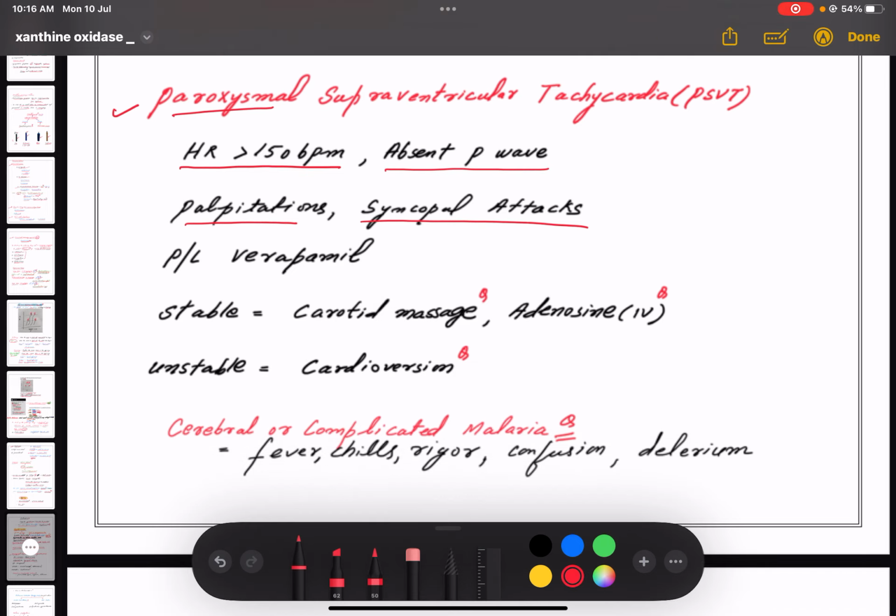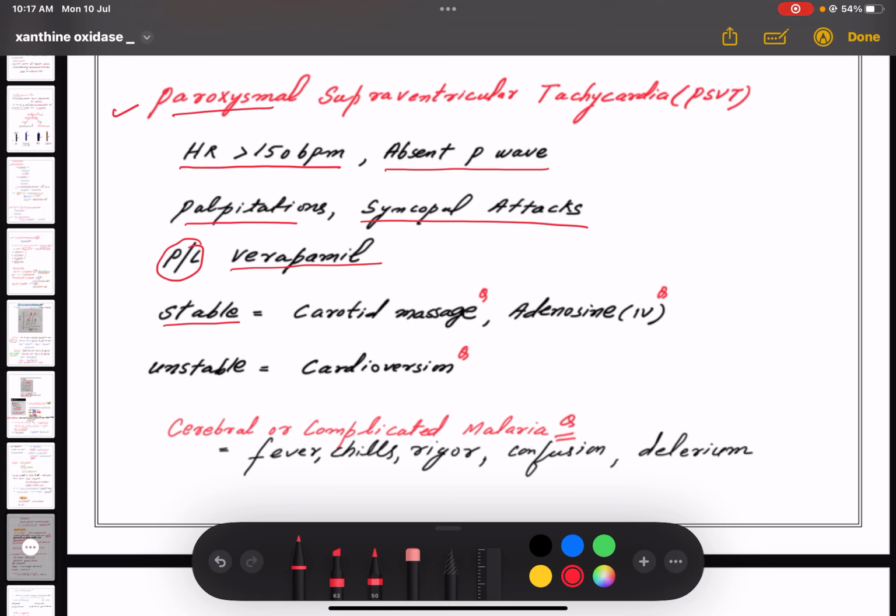For PSVT management, for prophylaxis, if you want to prevent the attack of PSVT, you will give verapamil, a calcium channel blocker. For a stable patient, suppose a patient comes to you and he is saying, doctor, I had an attack of paroxysmal supraventricular tachycardia. Now you will do the acute management of this patient.